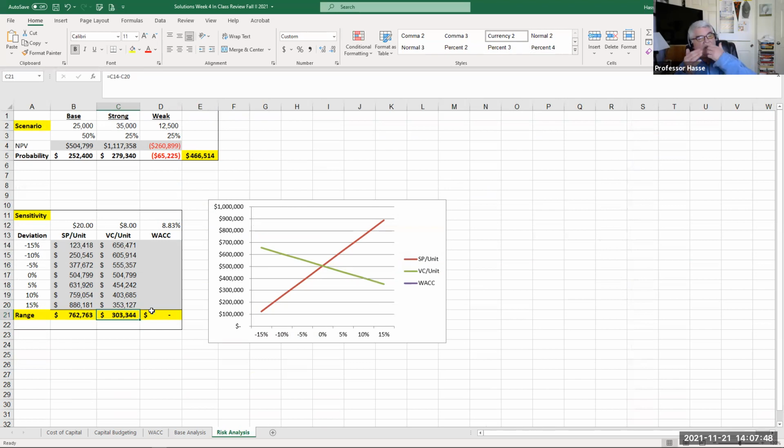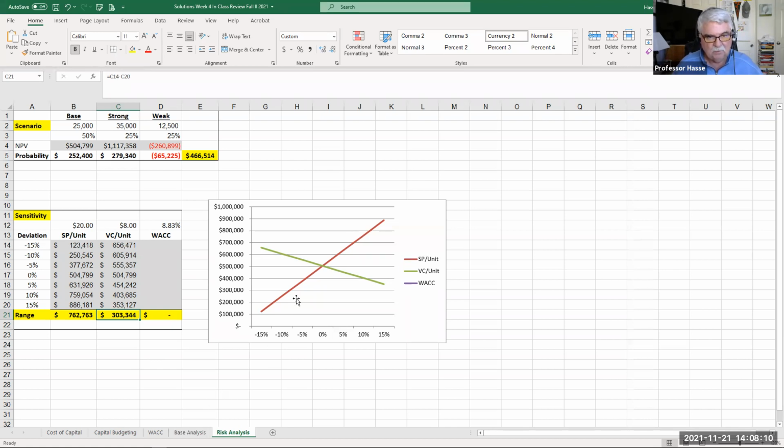So now we've done the range of showing the net present value with an increase or decrease in our variable costs. And notice the range here, top to bottom, is only $303,344, which means, as you can see, the line is a little bit flatter than the revenue line.